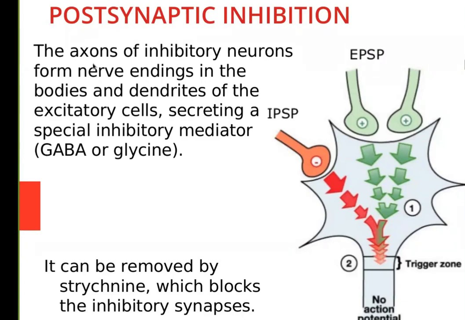Common for postsynaptic inhibition, as I previously told you, is an inhibitory neuron which releases GABA or glycine into the environment, connects to the postsynaptic cell membrane after the synaptic cleft. And this postsynaptic inhibition changes the activity of the secondary neuron and decreases the ability to produce action potential in this secondary neuron.